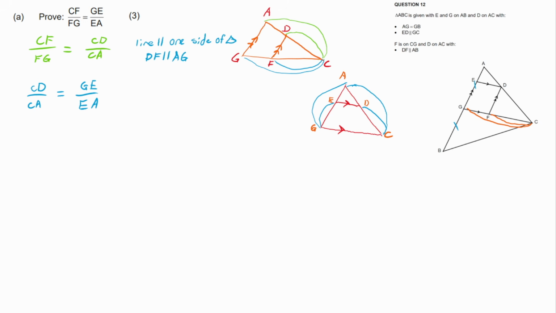And over here, I don't know why I've crossed up these colors, but again, same reason, line is parallel to one side of triangle. And now we're working with parallel lines ED and GC.